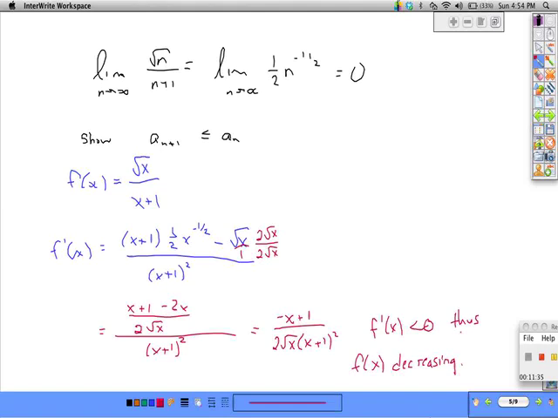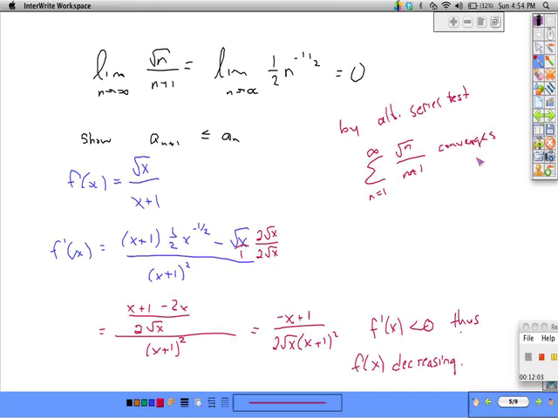So by the alternating series test, our series converges. But the question now becomes, does this converge absolutely or not?